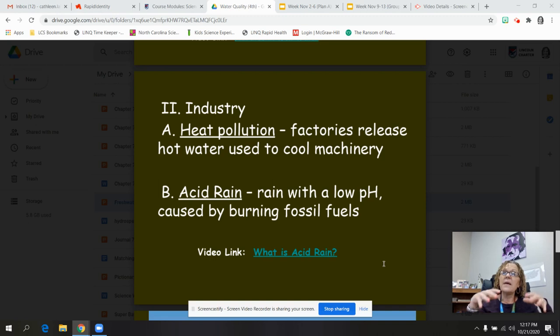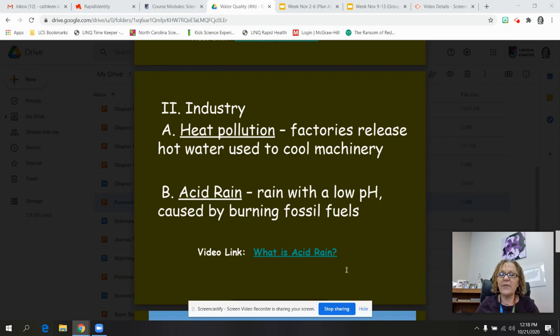When we burn those, they produce carbon, and that, of course, goes up into our atmosphere, condenses with the clouds and the water vapor until it falls in the form of precipitation, which is acid rain, because it's high in acid, because of the carbon emissions that we have. It's got a low pH, because it's got a lot of acid because of the carbon that we have been burning with our factories and our cars and other things.